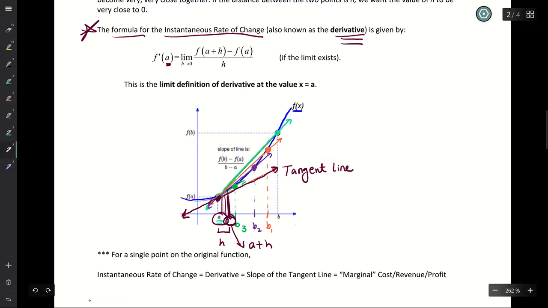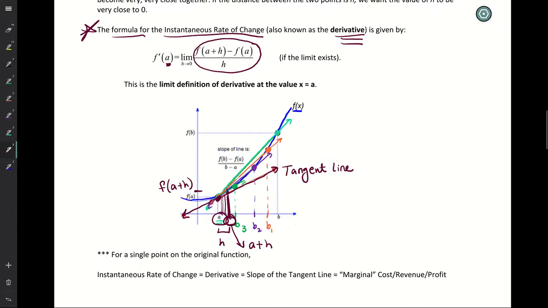That would mean that up here, the y value that went with that would be f of a plus h. Okay, so essentially here what happened is this particular formula came about the same way as the average rate of change formula, with the exception of the limit in the front.